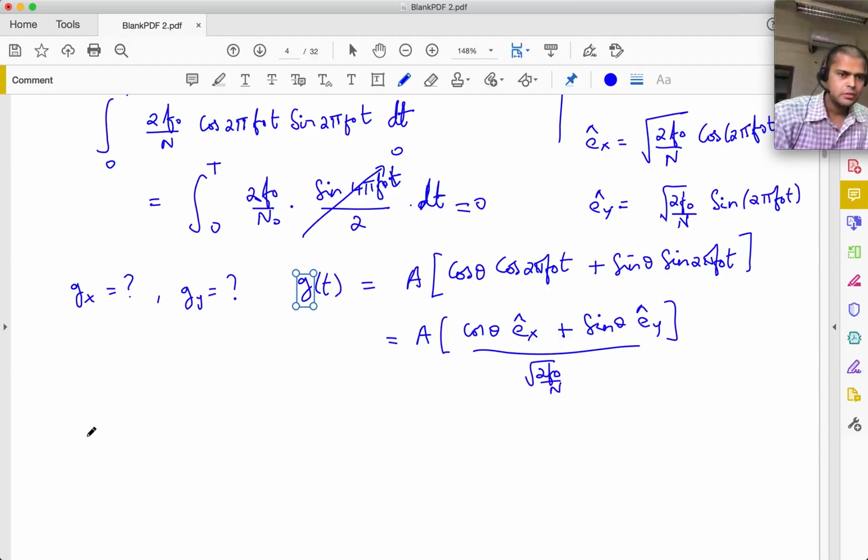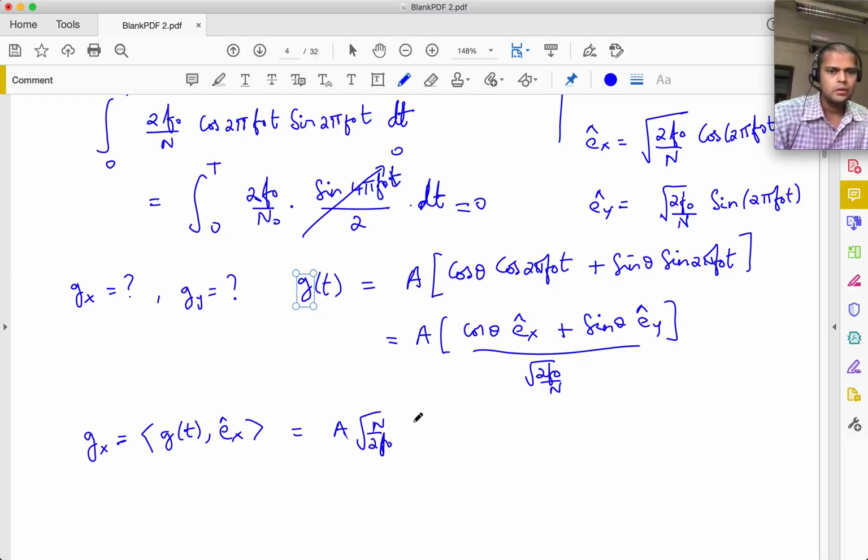Okay, so gx is the dot product of g of t and ex, which is a root n by 2f0 cos theta ex, right?